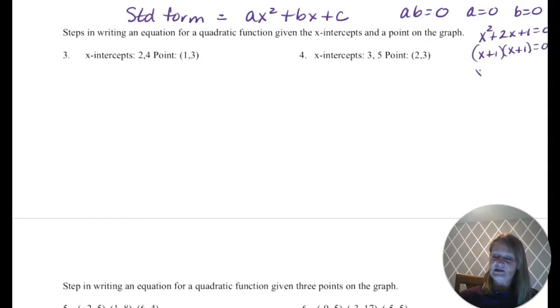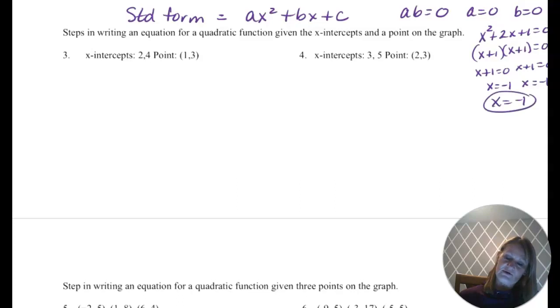And then we set each of those factors equal to 0. And so we would say x equals -1. In this case, x equals -1 also. So the difference here is they're giving you this, and you're going to go backwards to the equation. So just kind of a FYI and a remember there.